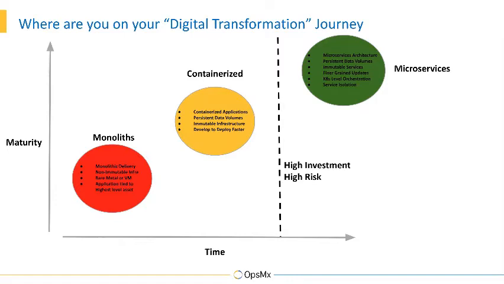And so this is, from the OpsMX perspective, where we see a lot of people that are coming to us and they're talking to us about this journey. What they're concerned with is they've got application deployments happening across this entire spectrum. And really what they're after is the need to be able to support this entire spectrum, because they don't know right now, or at least today, what the plan is for re-architecting a given application.